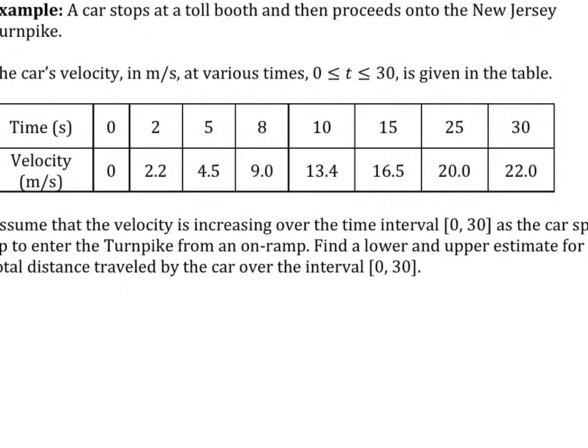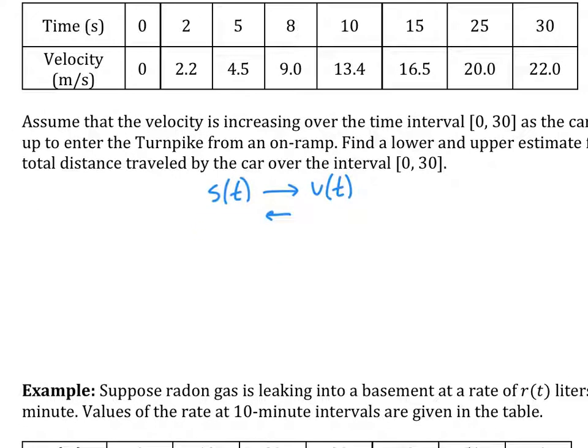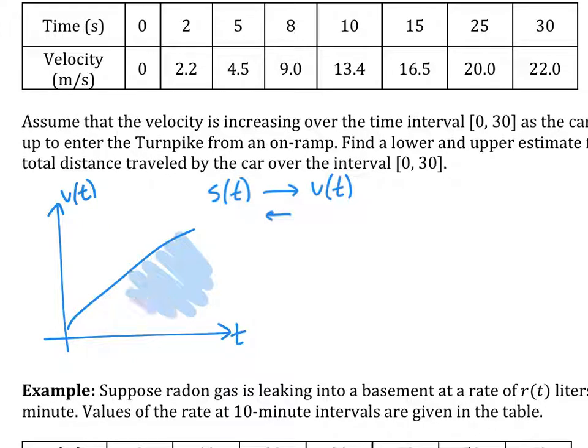So they tell you the velocity and they want you to find the distance. Now remember that if you take distance and take derivative, you get velocity, right? If you go backwards, which is the antiderivative, you find position or the distance. Yes? Okay, so that means if you graph this, they tell you that it's increasing, so I'm going to assume it's something like that. This is the velocity graph. This is time. So distance is all the area underneath.